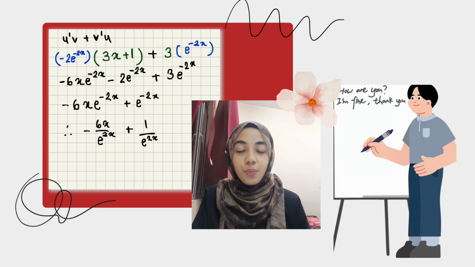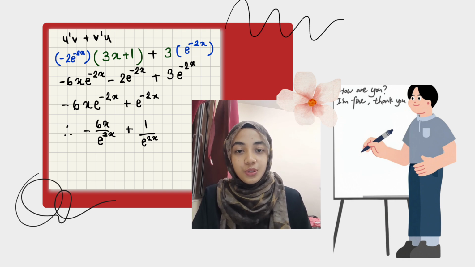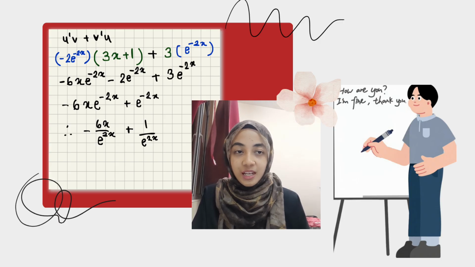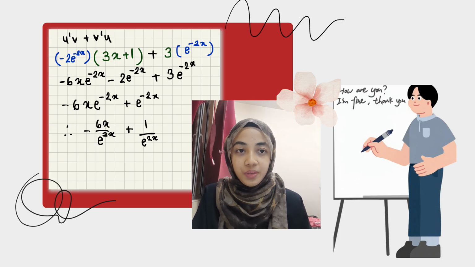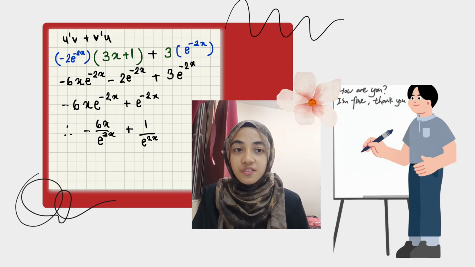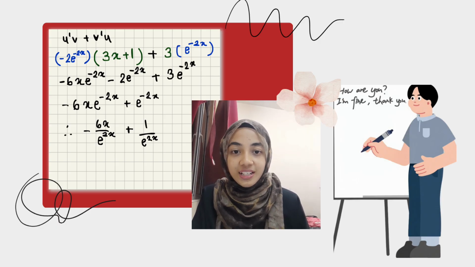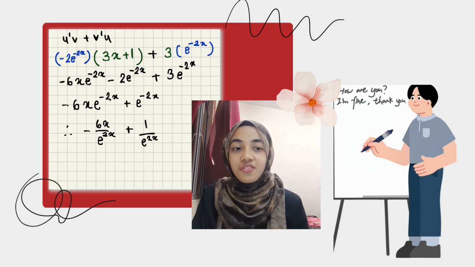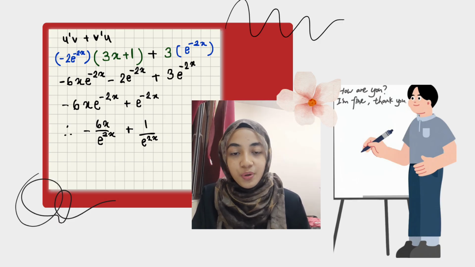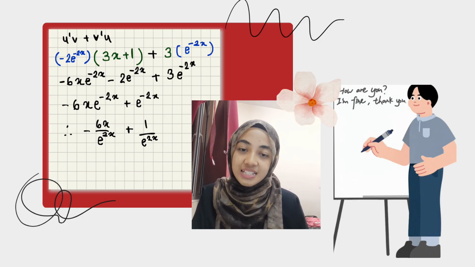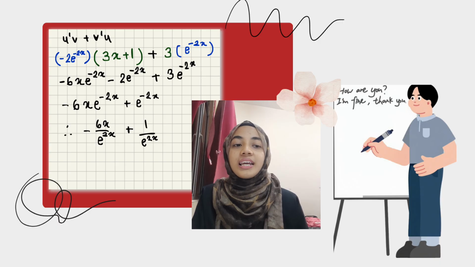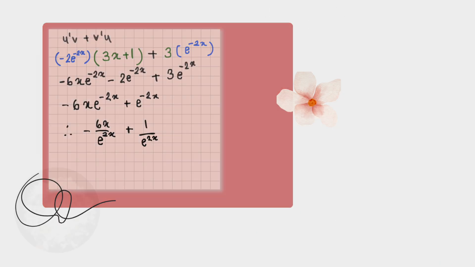So, as we know, the product rule is u prime multiplied by v plus v prime multiplied by u. So, just replace the values and solve it, and we get the final answer, which is negative 6x divided by exponent 2x plus 1 divided by exponent 2x.